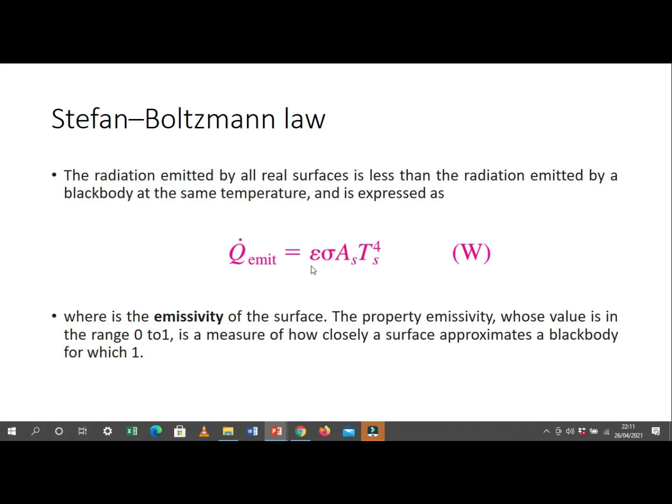So here we have an additional parameter that is known as emissivity, where this epsilon is known as the emissivity of the surface, and the property emissivity, whose value is always between 0 and 1, is a measure of how closely a surface approximates the black body. So if the emissivity value is close to 1, it means that the body under consideration is near to the black body.